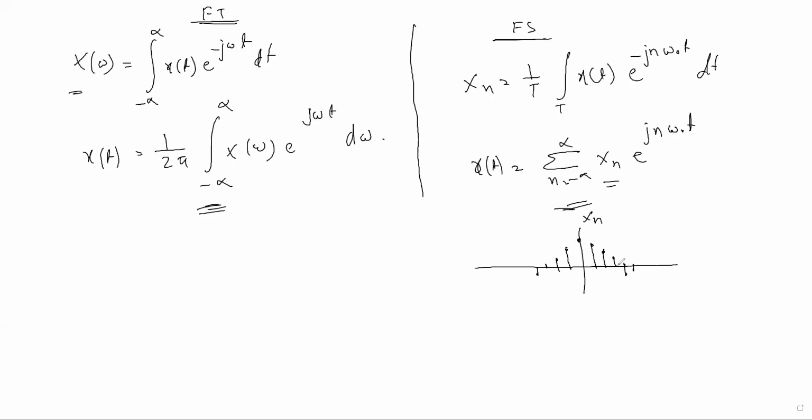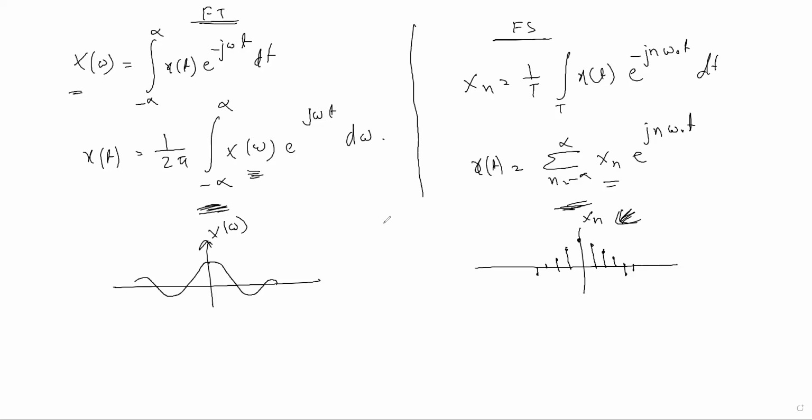But for the Fourier transform, X(omega) will be in a continuous range. That's why in the Fourier transform it comes as an integration, and in the Fourier series it comes as a discrete form. You should know this, as you may sometimes be confused whether it is a summation or an integration. By looking at the pattern of x_n or X(omega), you can easily say whether it will be a summation or an integration.